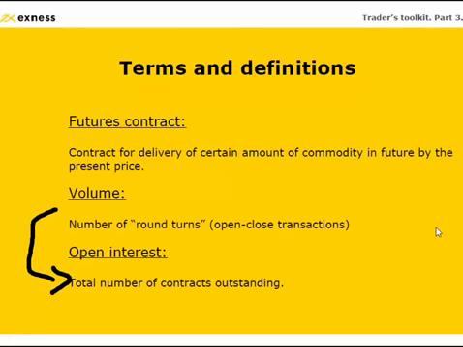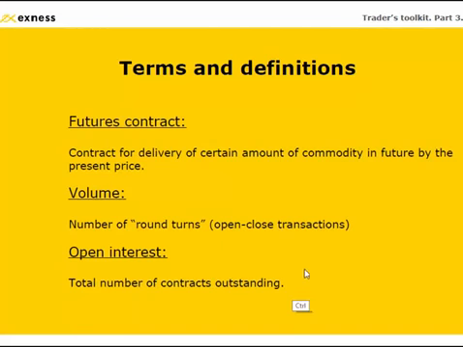Open interest is a total number of contracts outstanding. In other words, if you decide to hold your position overnight, the exchange will show that we have one contract of open interest.